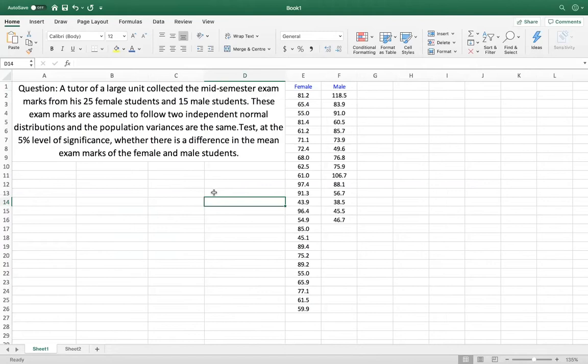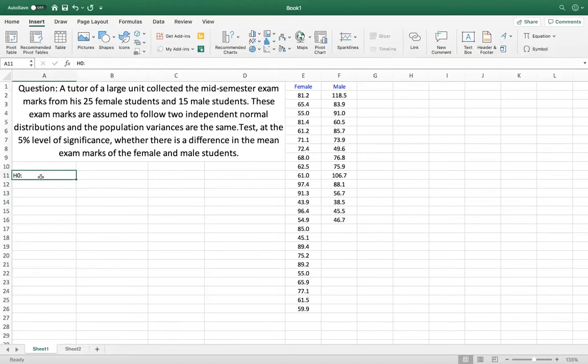Test at the 5% significant level whether there is a difference in the mean exam mark of the female and male student. Well, from this question, as we can see that the underlying assumption for the t-test for two populations has already been met. And the first step, I'd like to give the null hypothesis and alternative hypothesis here.